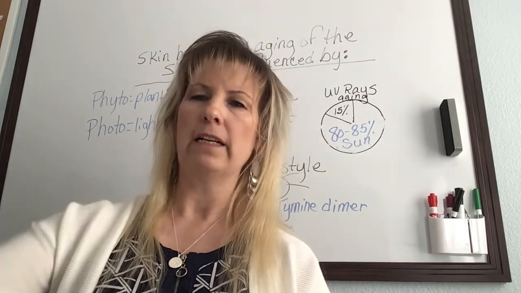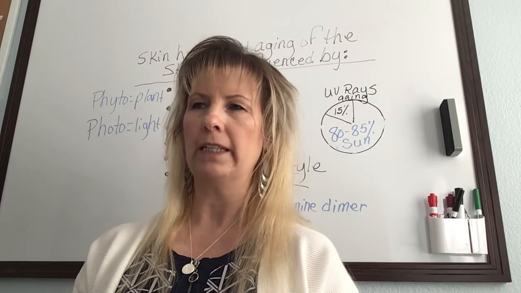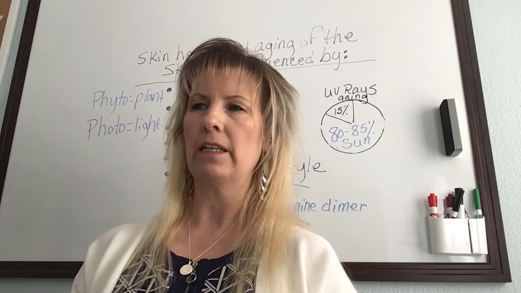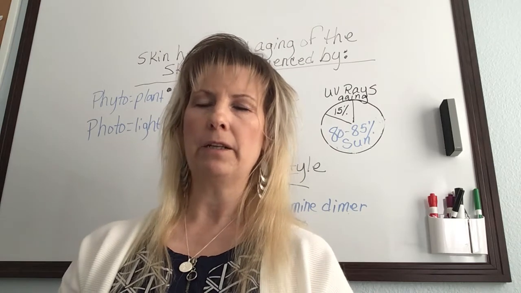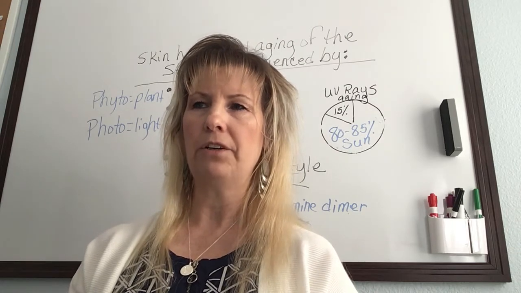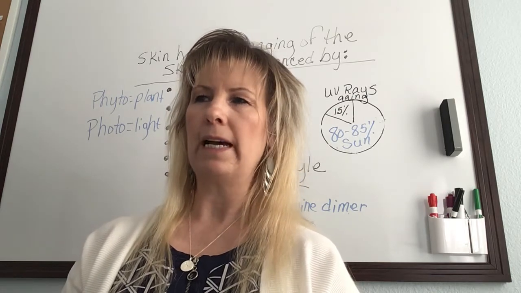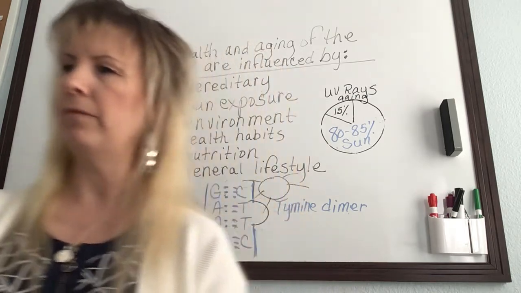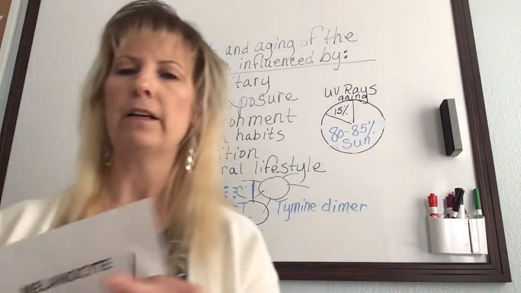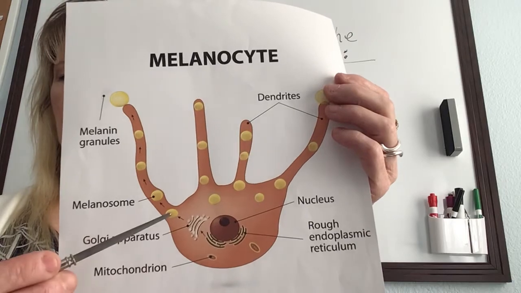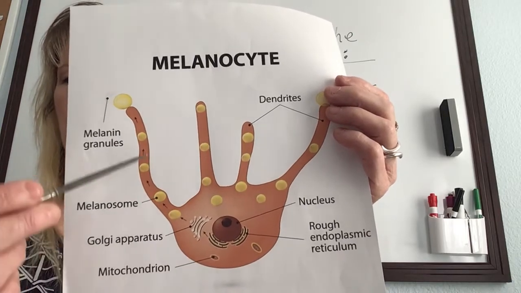Our skin cells also have their own built-in antioxidants to protect against sun damage, but their ability to protect our cells deteriorates with sun exposure. Melanin is the pigment we know from the cell melanocyte. Here is your melanocyte, and it produces melanin in these balls called melanosomes.